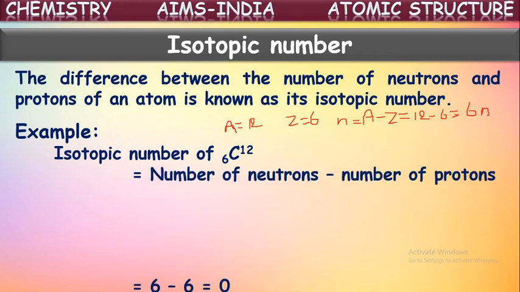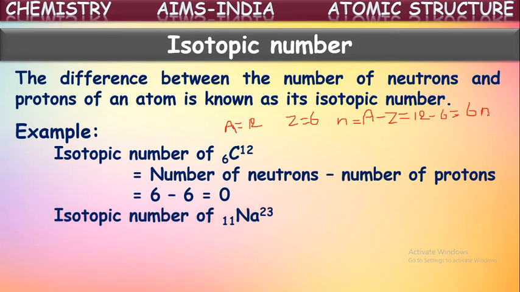It is 6 minus 6 because both are 6 here. So as there are the same number of neutrons and protons, its isotopic number is 0. Okay, hope you understood. Isotopic number means the difference between the number of neutrons and protons of an atom.